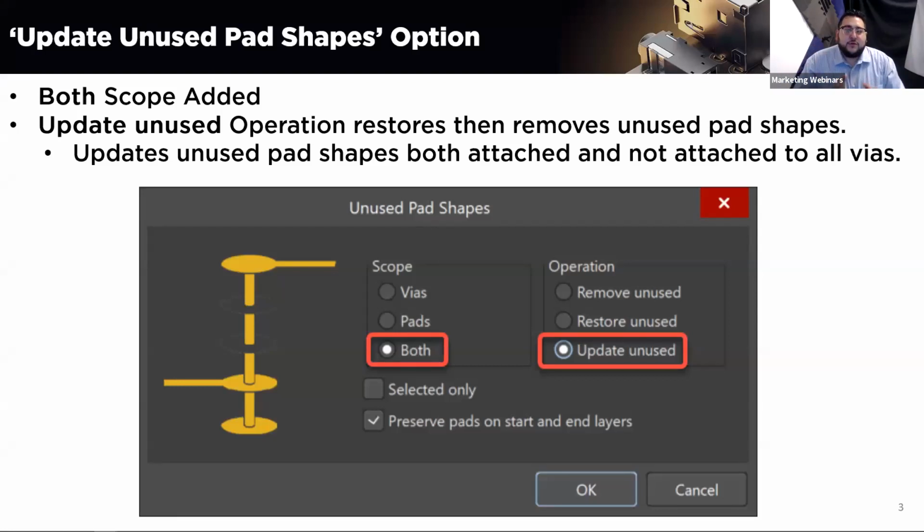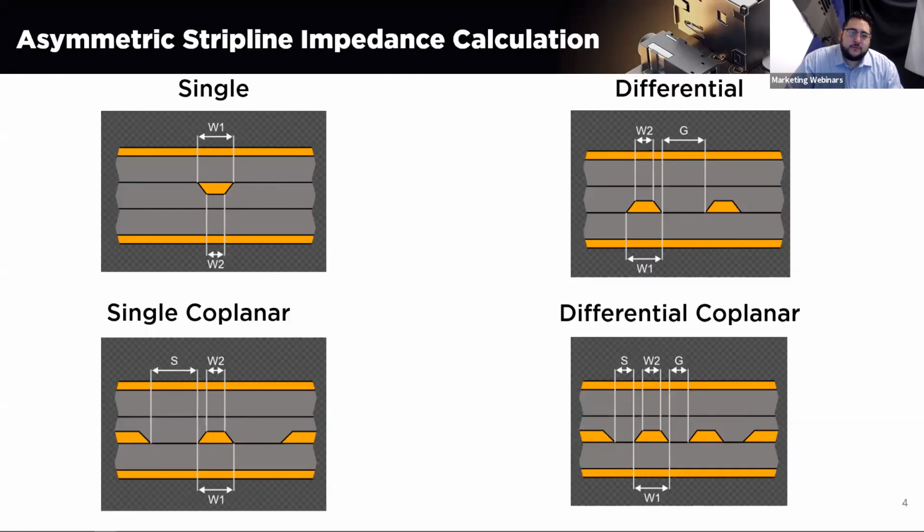Now you are able to both update pads that are in use and remove the ones that are no longer in use, and that all happens in one move. As well, we have added a new scope, which allows you to look at both the vias and pads. This is something that's a huge improvement as well.